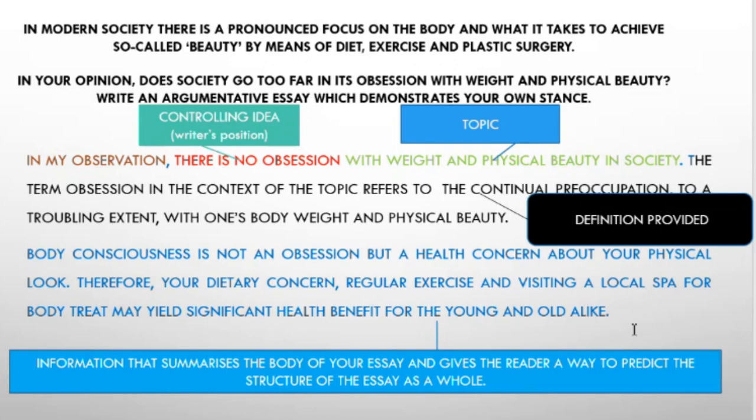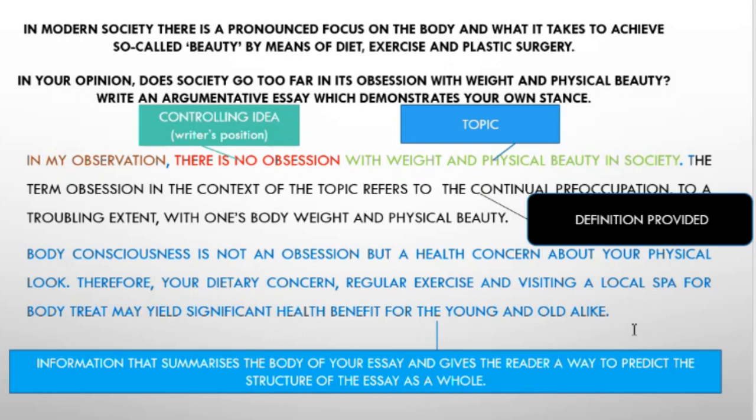This is what the student is going to be doing in the body paragraphs. The student is going to show us in body paragraphs that regular exercise does not mean you are having an obsession with weight and beauty. He says it's good for health, it's done for health reasons, not because there is obsession with weight and physical beauty.